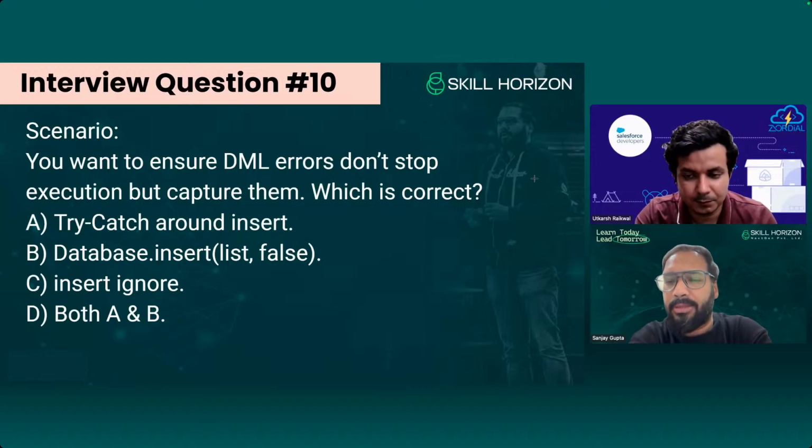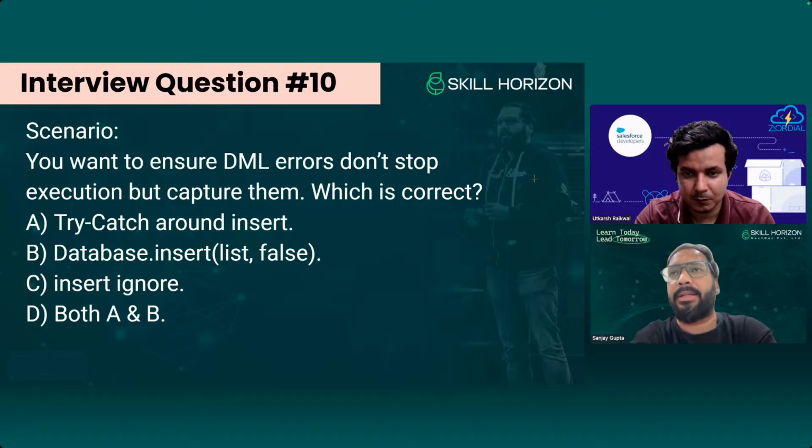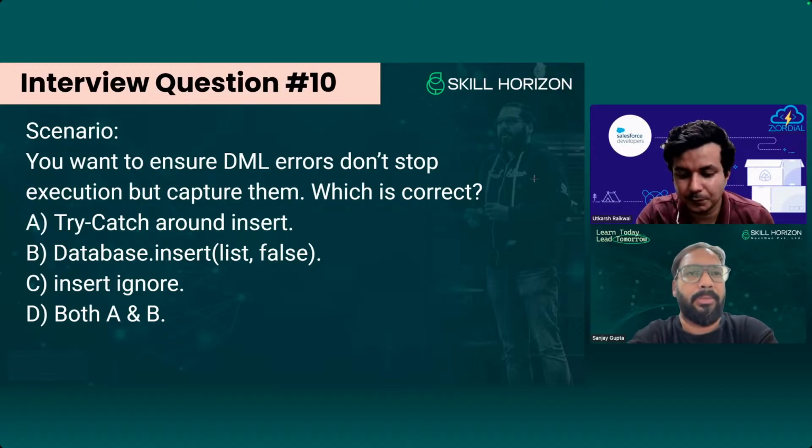Carvin, you are also right. A try catch block can capture only one record where it is failing. So the correct answer is B in this situation. If we just say don't stop the execution without capturing, in that scenario A and B both would be correct. But if you want to capture the errors for all the records that are failing, we can use Database.insert for that.